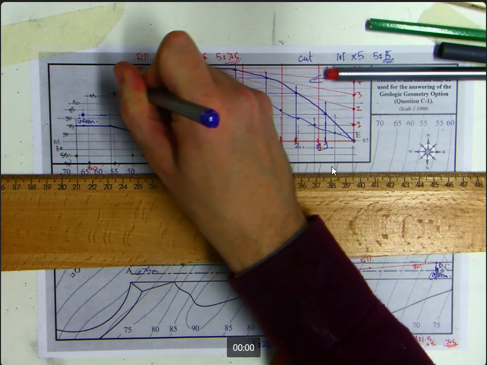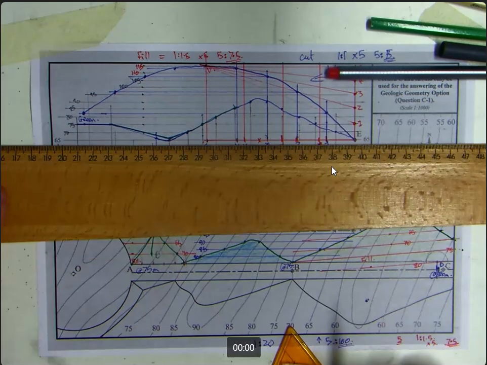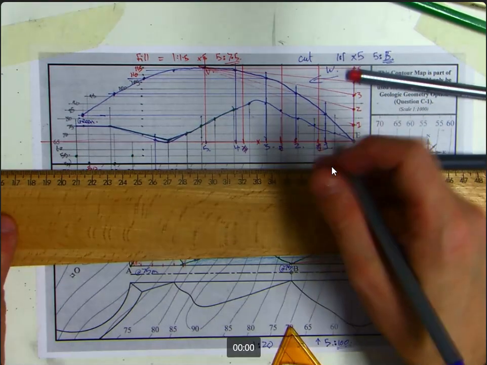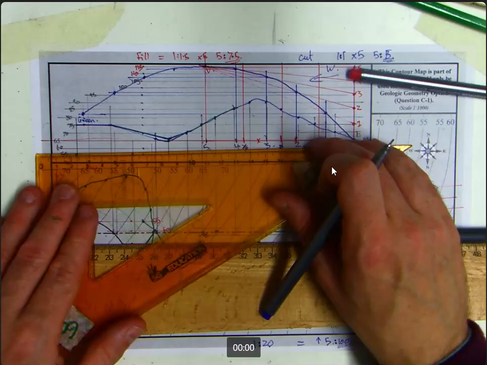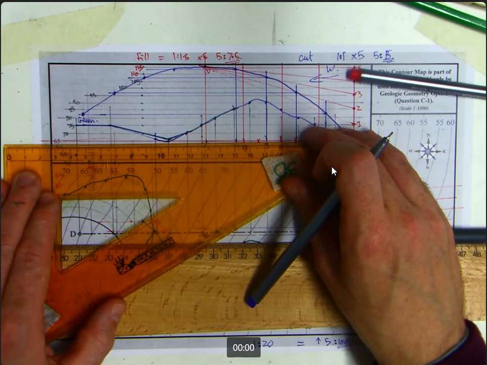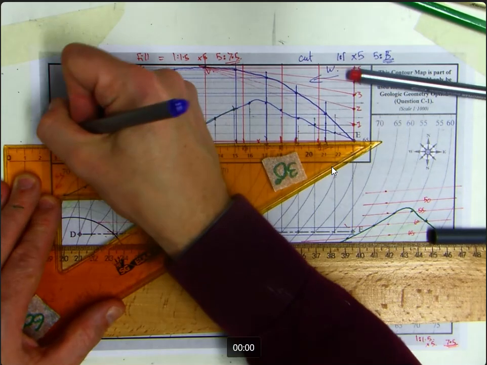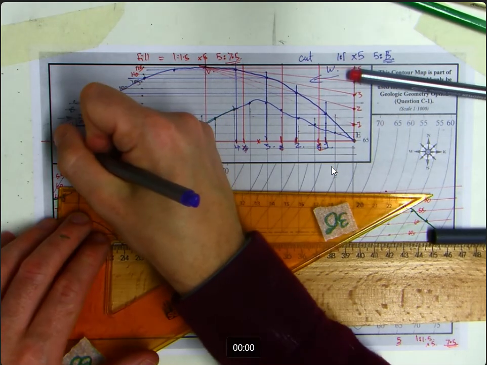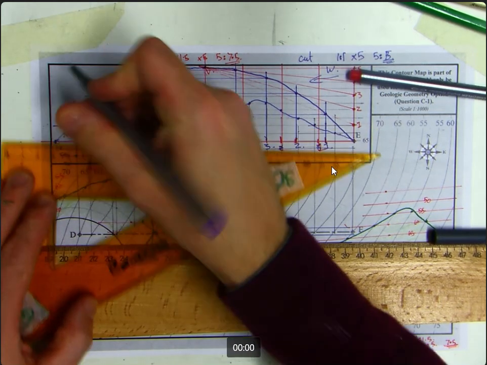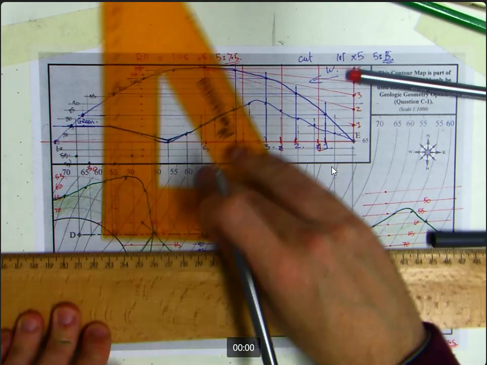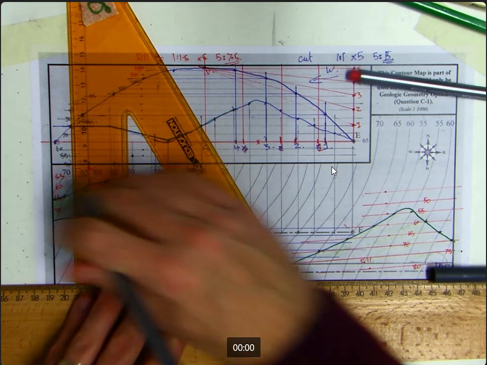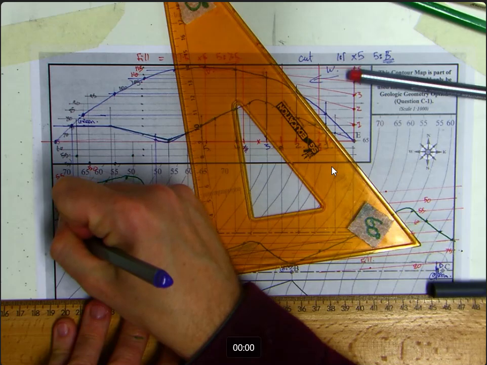Ball path continues down this way. So if this is our green, the ball will land here. Therefore, the ball will land there.